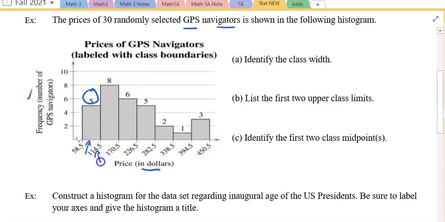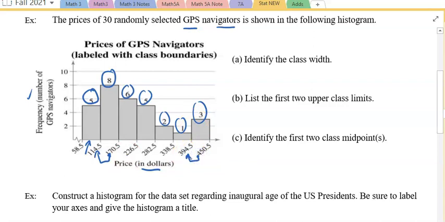Between $114.50 and $170.50, 8 of them. 6 between 170 and 226, and so on. And that's how you would make a histogram. You notice they're using the class midpoint to connect the two.